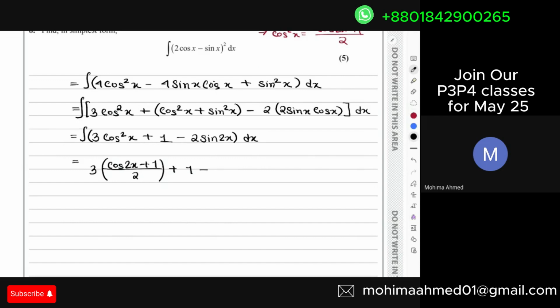It doesn't change anything, but I can integrate sine 2x directly, which gives half negative cos 2x. I'm just going to keep it like this, 2 sine 2x, because we still have to do some simplification for the first term.